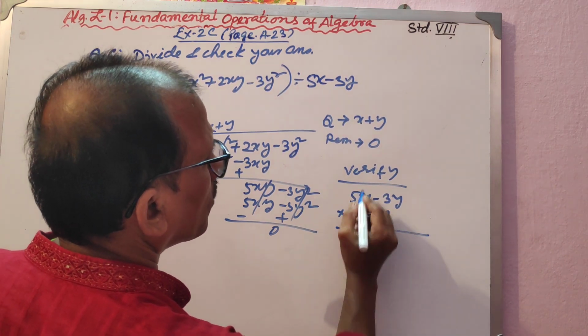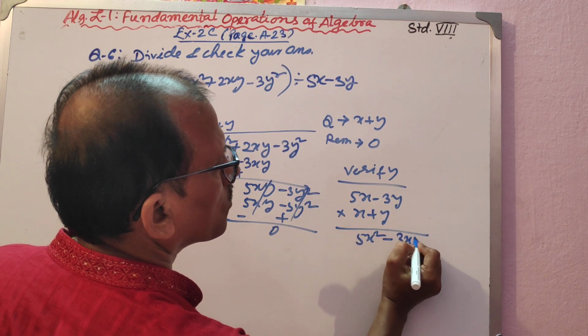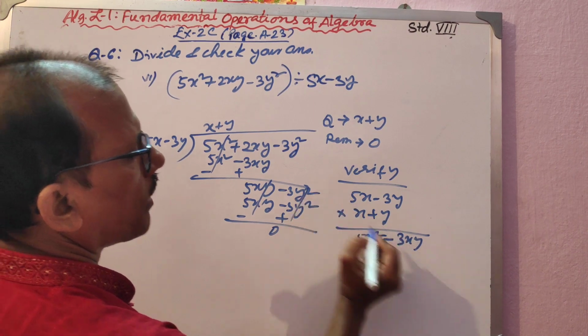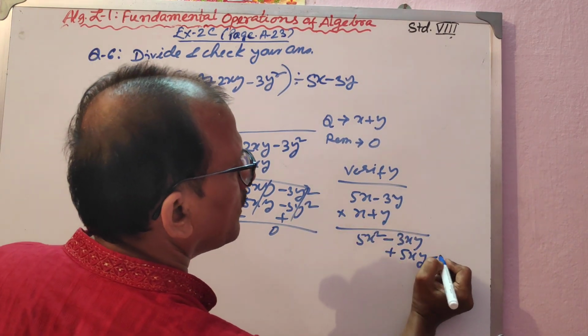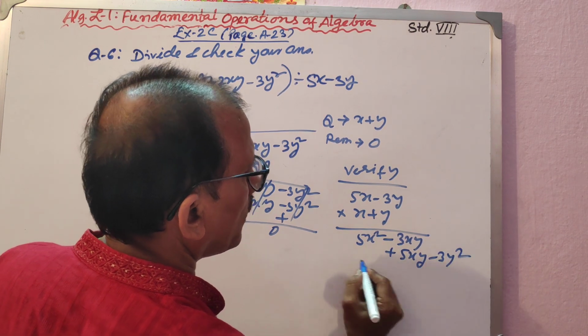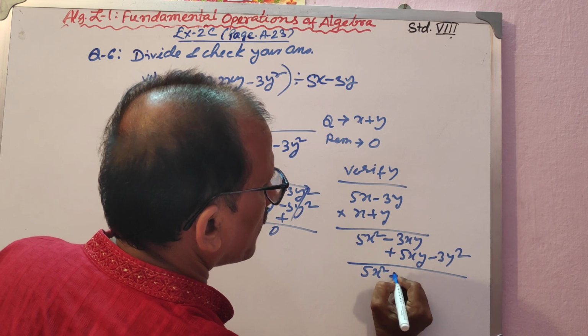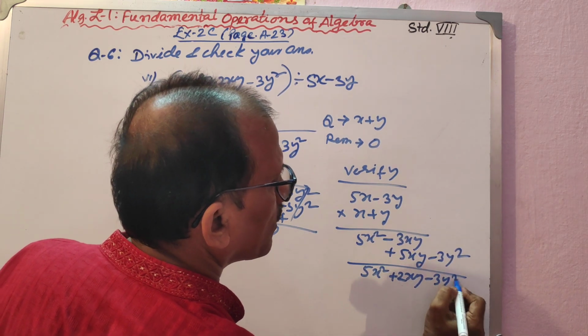If you multiply, then what will happen? 5x square minus 3xy. This will be multiplied with x. Now y plus 5xy. Under the like term you write minus 3y square. If you do it, then 5x square plus 2xy minus 3y square.